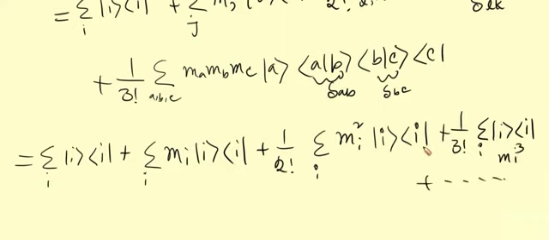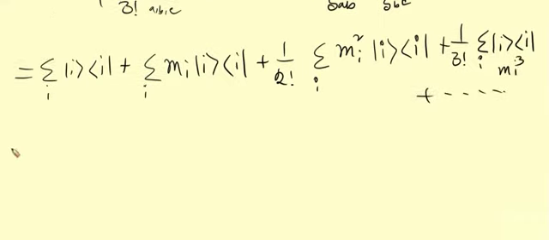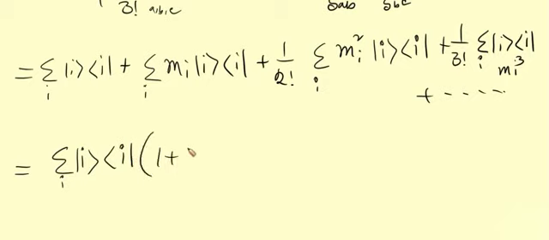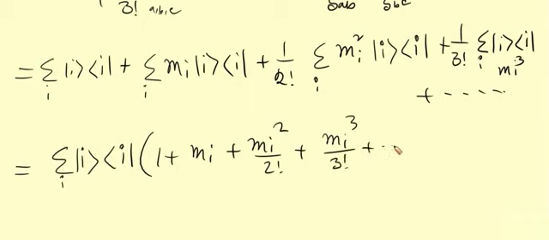Again, we can see a pattern easily if you just factor out these matrices, because these M_i are scalars. In fact you don't need to factor this out, but just to show you the pattern, I'm going to factor it out, and I can see a pattern like this: M_i squared over 2 factorial, M_i cubed over 3 factorial, and so on.